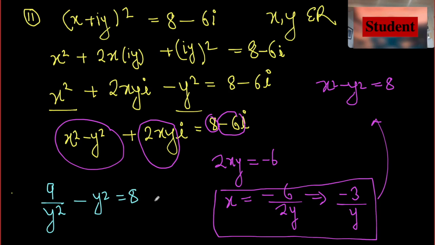Let's multiply everything by y². What you will get? 9 − y⁴ is equal to 8y². Any trouble up to here? No. Now let's copy in another slide. So what we got here was 9 − y⁴ is equal to 8y².